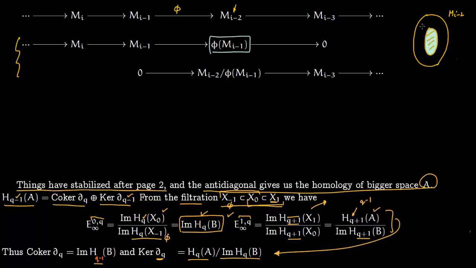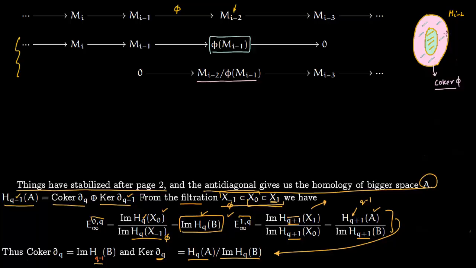That is the outside portion right here. And this is the coker of phi, and this was the image of phi. This is the definition of coker. So you combine this pink part with the green part, you get M_{i-2}. So these two sequences are equivalent to this sequence. If these sequences are exact, we need exactness because we don't want to miss any elements here or there.